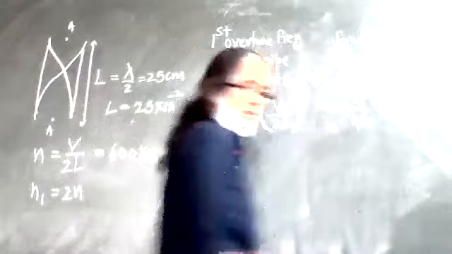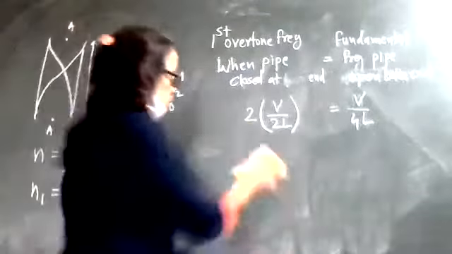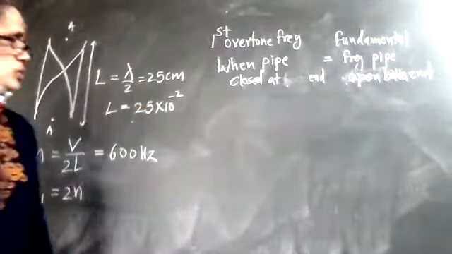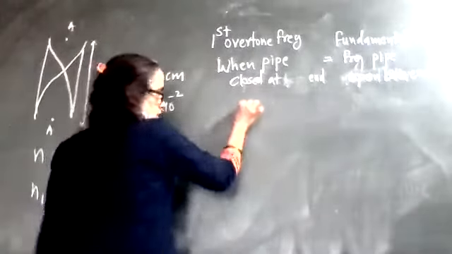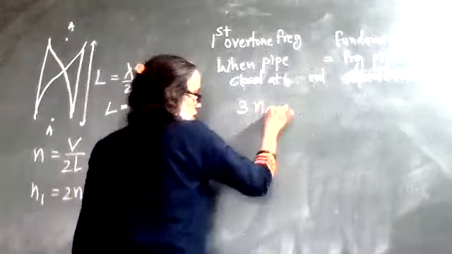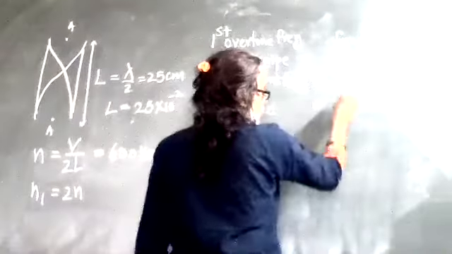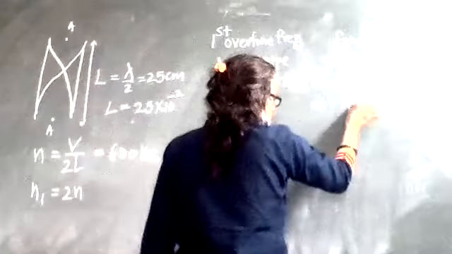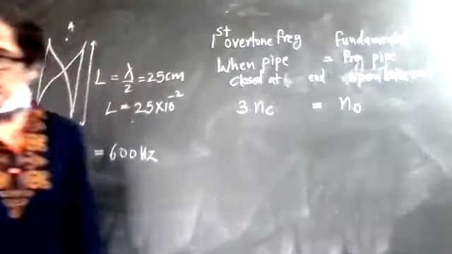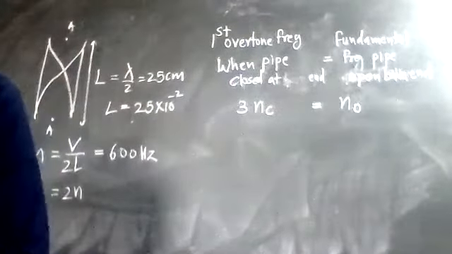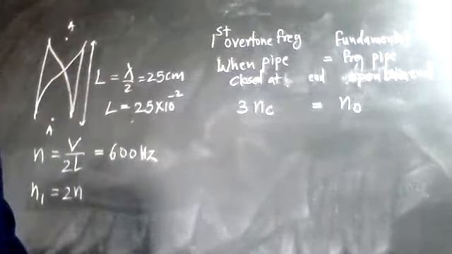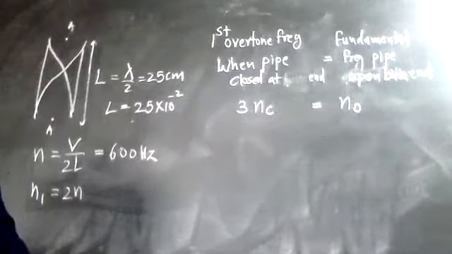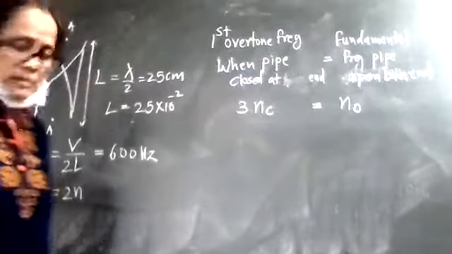The first overtone frequency when the pipe is closed at one end, which is 3 N closed, is equal to the fundamental frequency of the open end. Sorry, it is given that the first overtone of a pipe closed at one end has the same frequency as the first overtone of the open pipe.